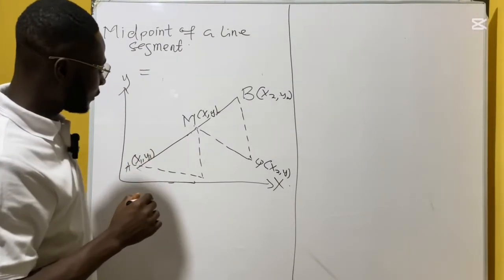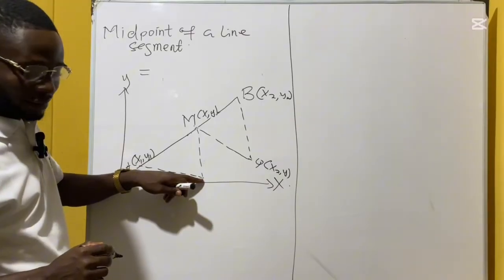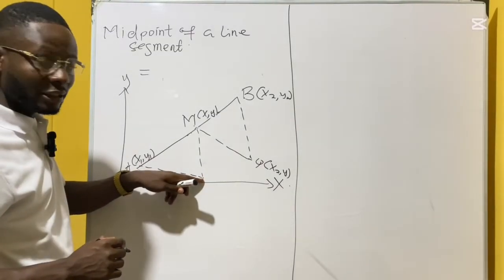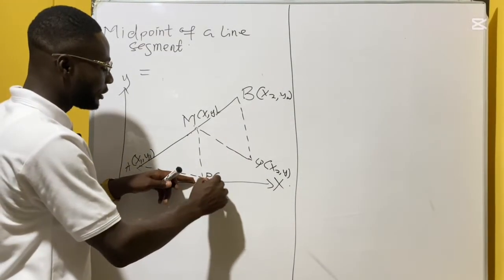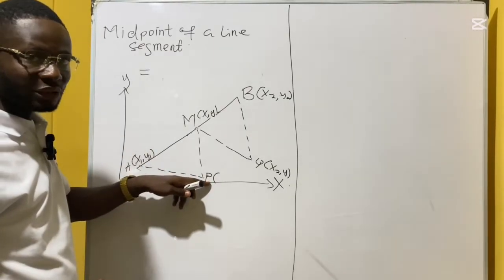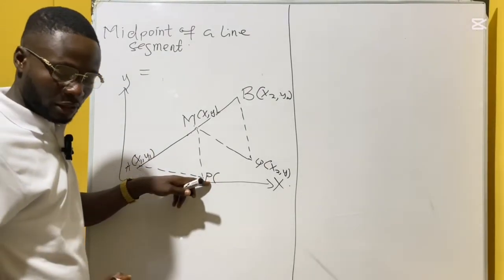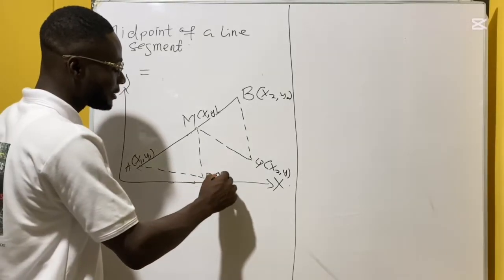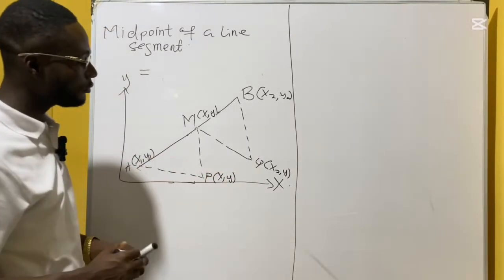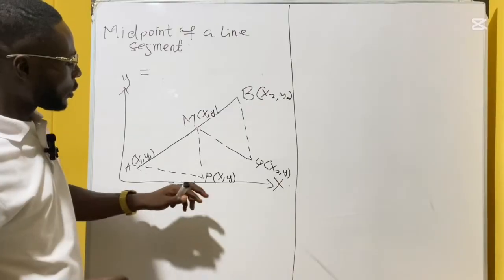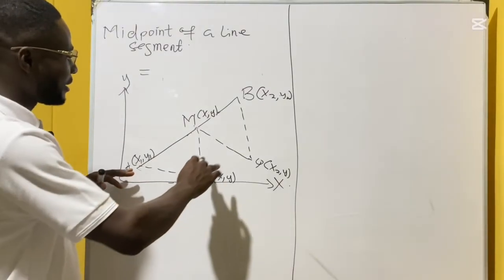Okay? And let's assume that there is a point here, say P, and this P has coordinates say x and y. Okay, so we have this information.